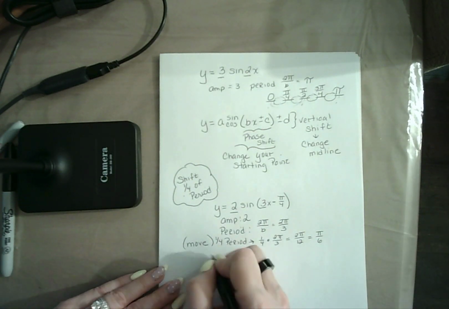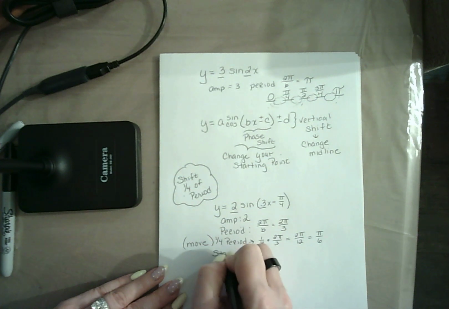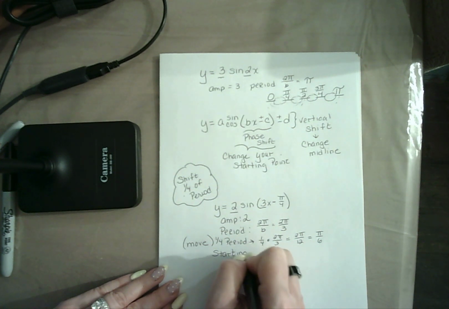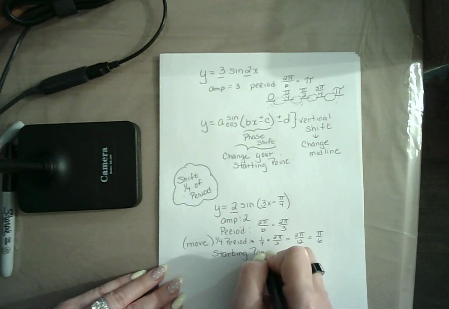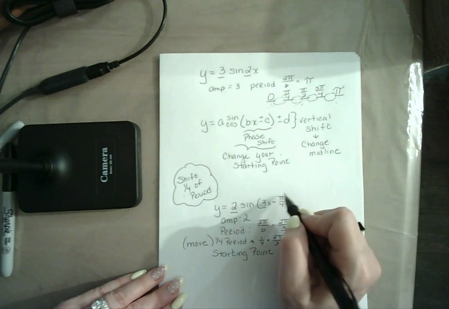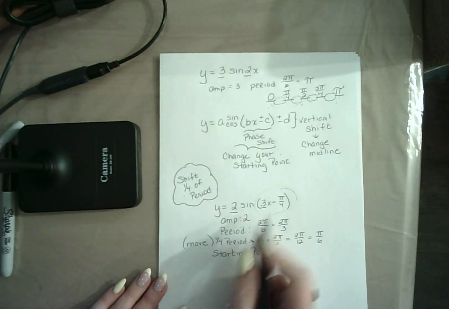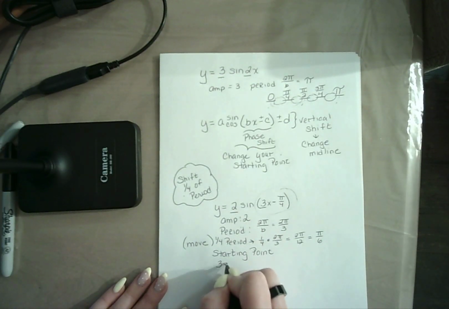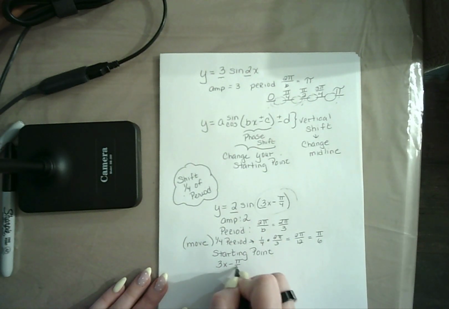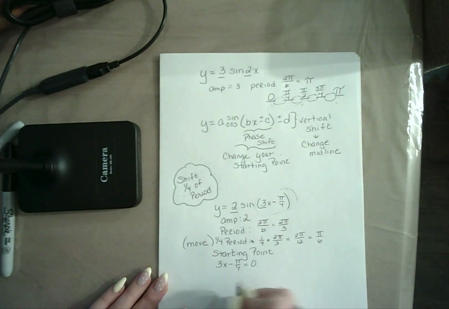But where do we start? That's a new thing. We're going to now find our starting point. Our starting point comes from our phase shift. We just shifted the graph over. So we're going to take our phase shift and set it equal to 0. So we get 3x equals pi over 4.